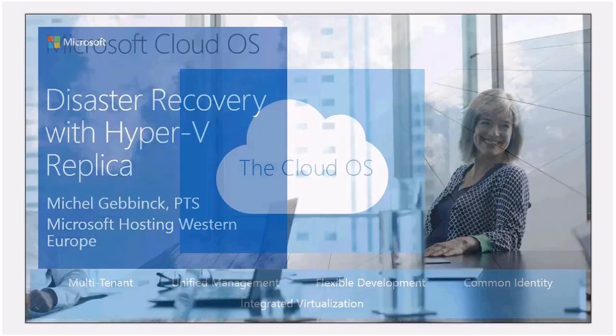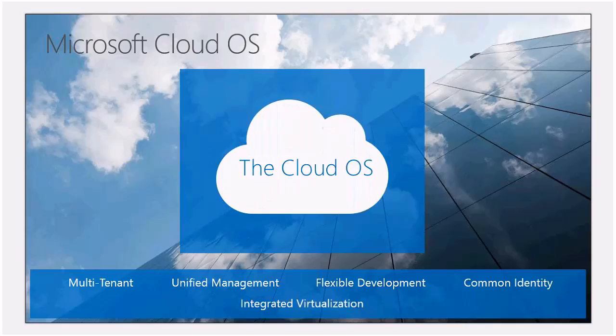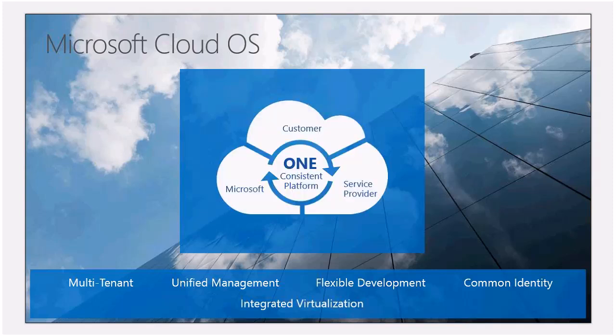But before doing that, I really want to briefly touch upon the CloudOS vision. As you might know, the CloudOS vision allows our joint end customers to move to the cloud at their own pace and to allow a hybrid cloud environment where it makes sense.